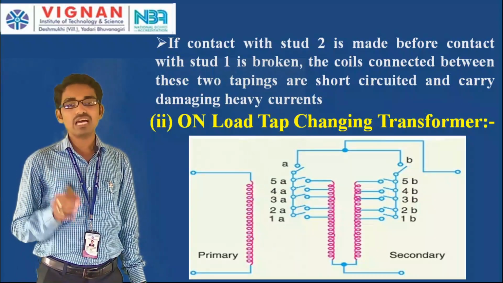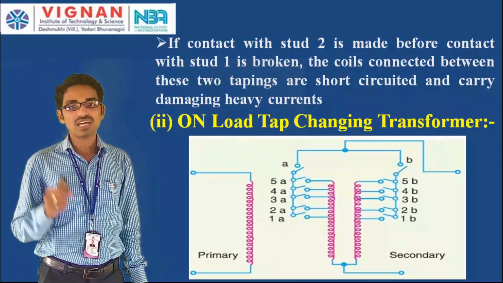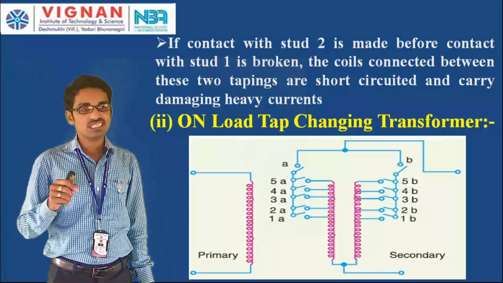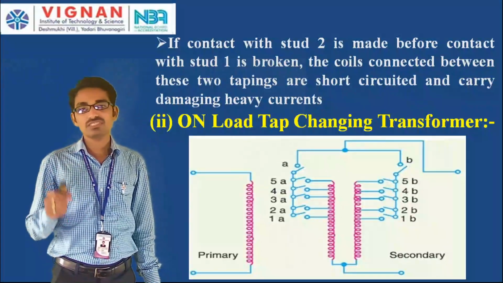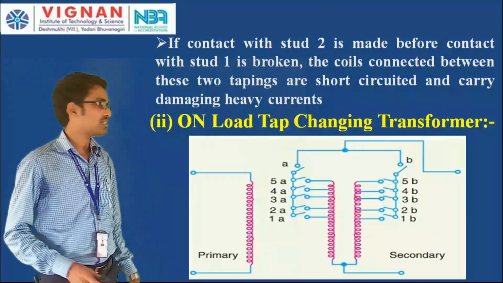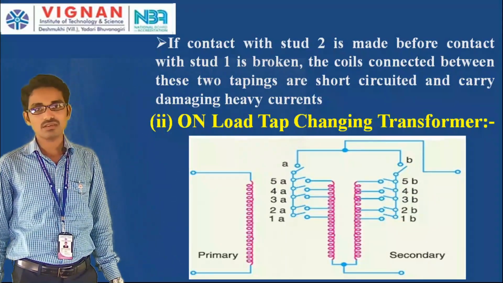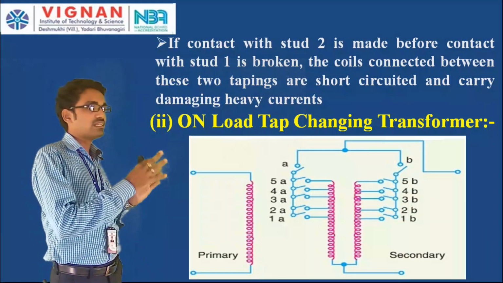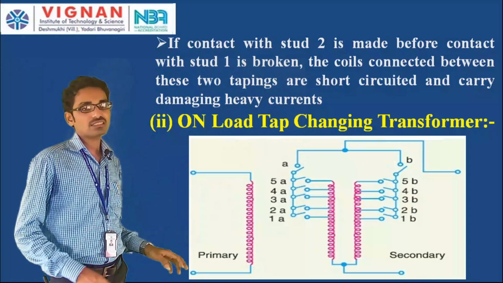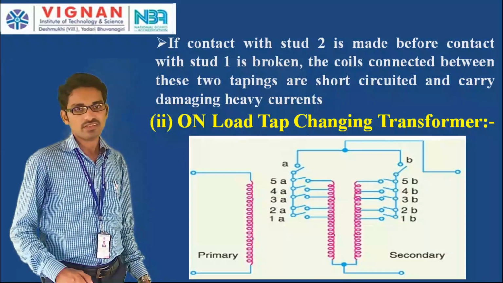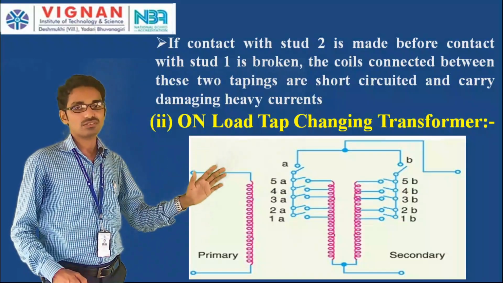So in order to have reliability and continuity of the supply to the consumer, we need to change the tap positions on load. That is the second case, on-load tap changing transformers. By keeping the secondary connected to the load, we change the tap positions, and only the secondary is changed.